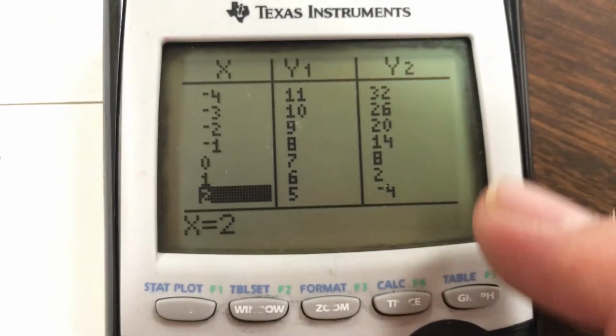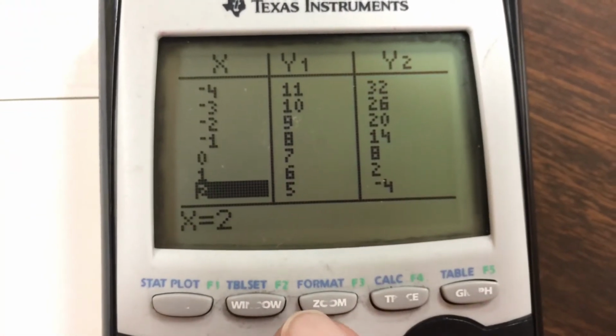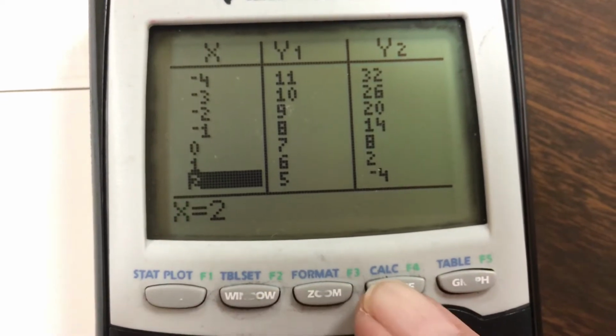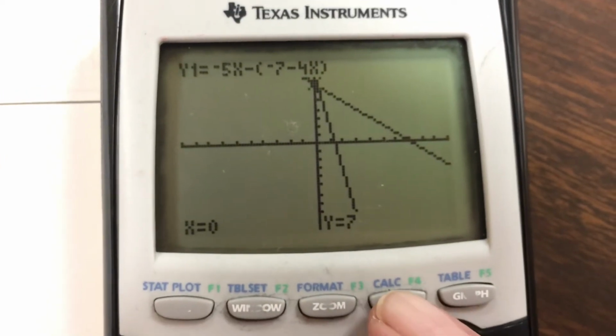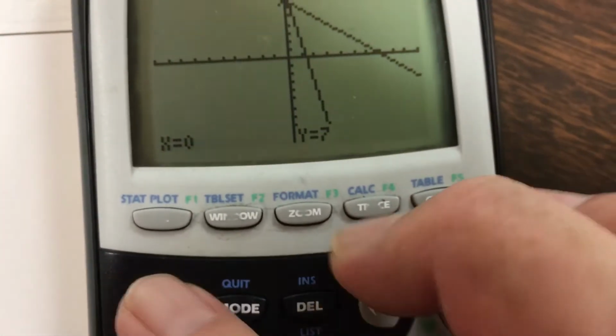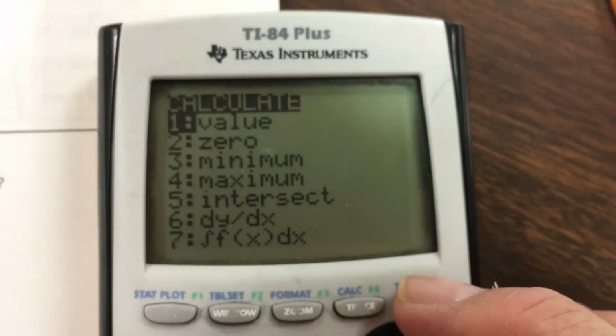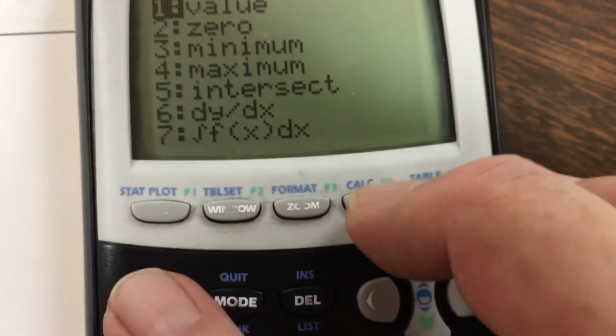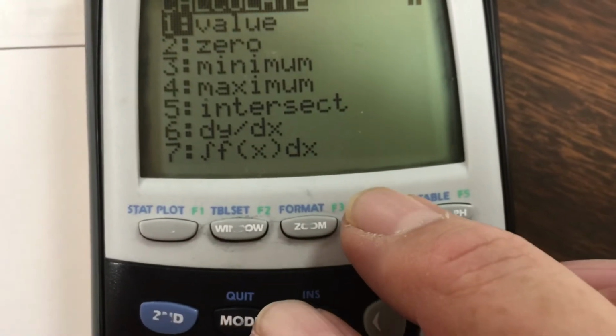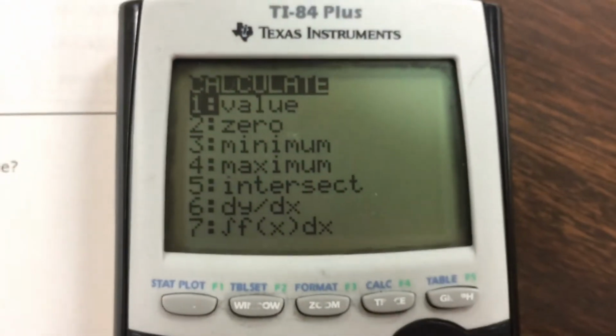Another way is for us to find the point of intersection. So you can hit second and the trace button where it says calc, and it gives you this menu.